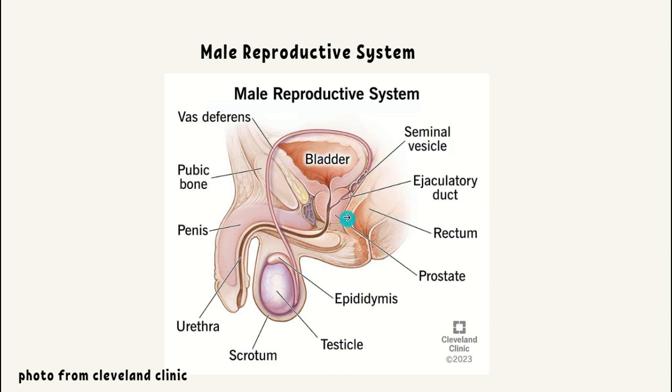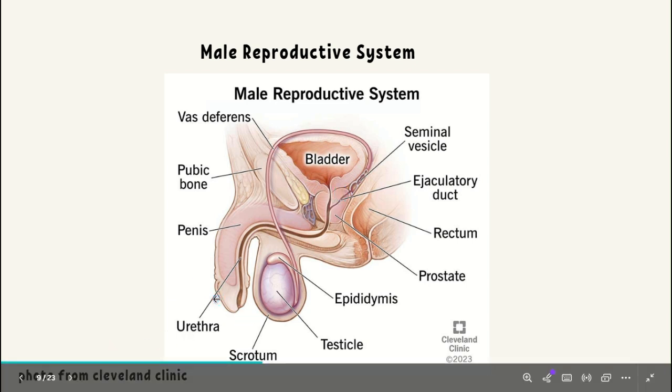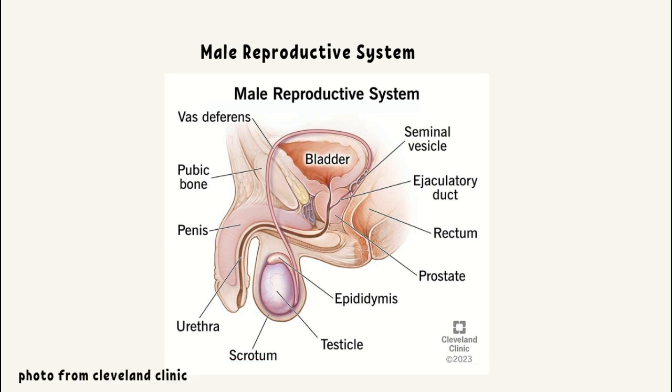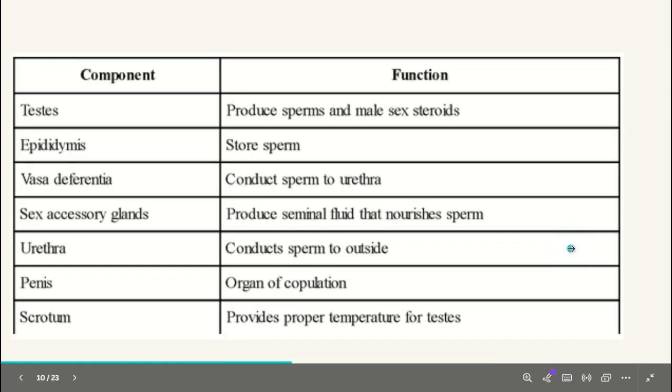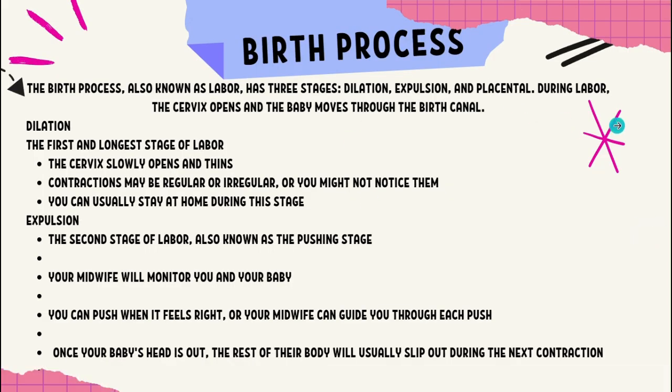So we know that the seminal vesicle is what makes up the semen, and the prostate adds fluid to the semen. And then the scrotum is just a sack of skin that holds the testes and helps to regulate their temperature. And this is pretty much self-explanatory: it's the opening where urine and semen pass through the penis. Those are the functions, and now the birth process.